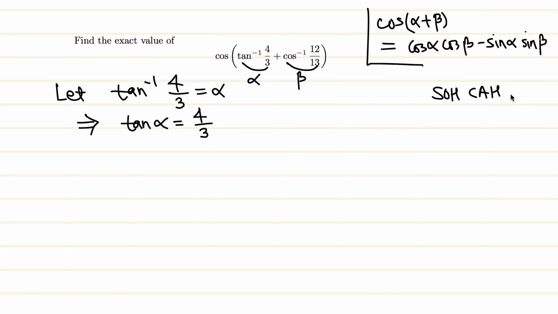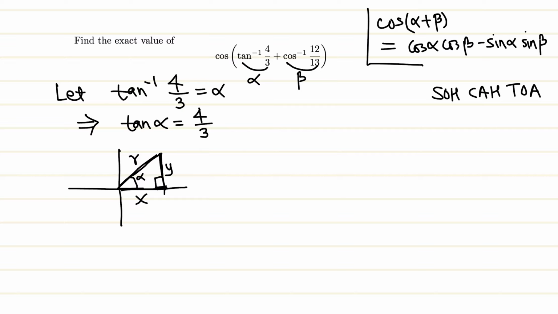SOHCAHTOA. Tangent is opposite over adjacent, so we have a triangle in the first quadrant because tangent is positive here. So first just draw an angle and make a right triangle. So this is adjacent, let's say x, opposite, this is alpha, opposite y, and hypotenuse r.